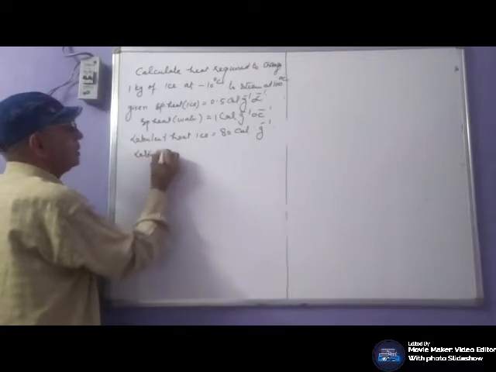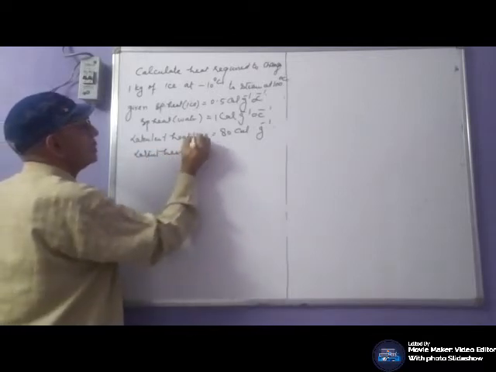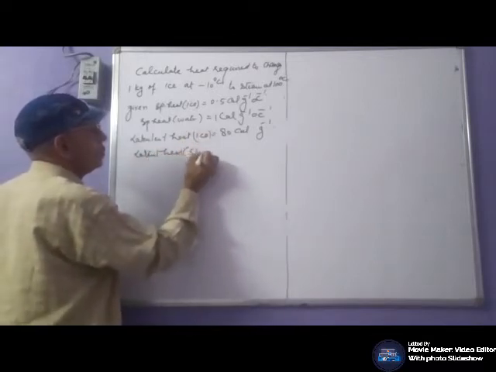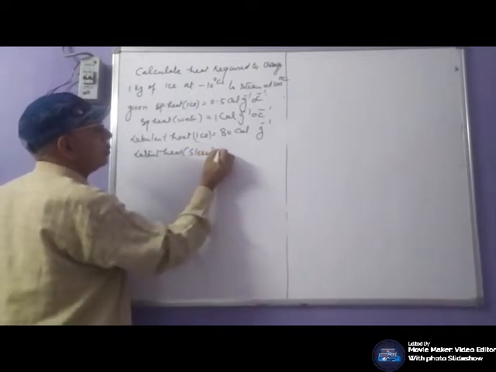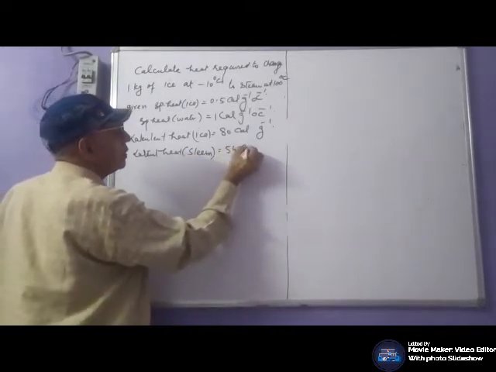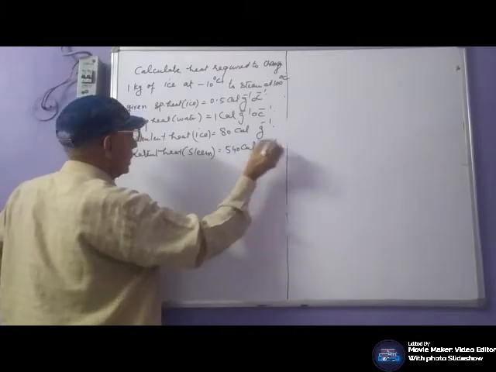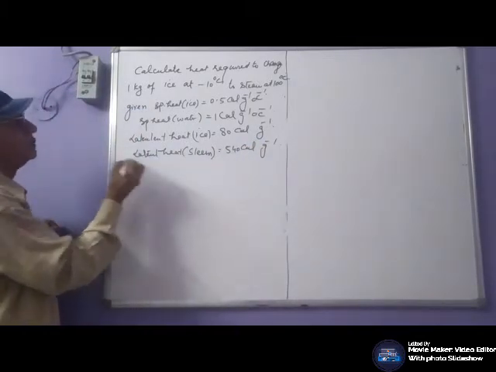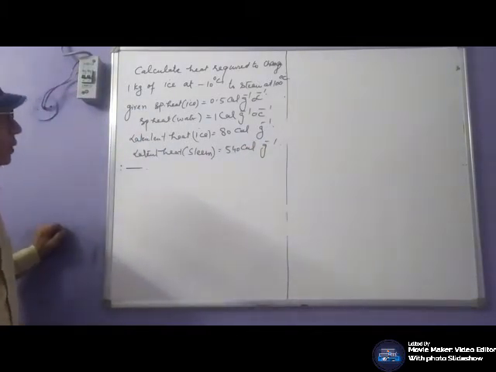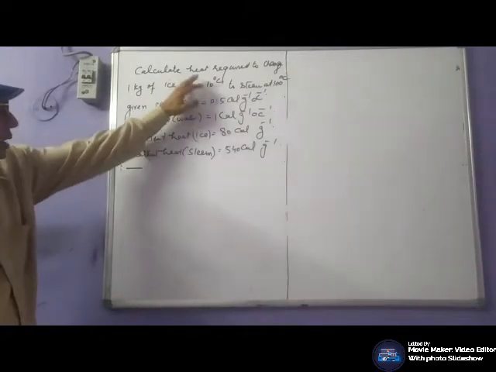Latent heat of steam 540 calorie per gram. Most of the units are CGS.